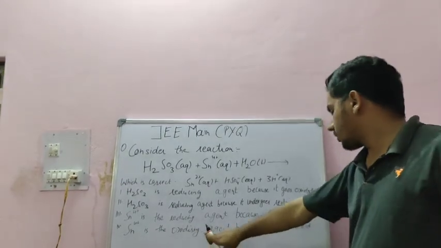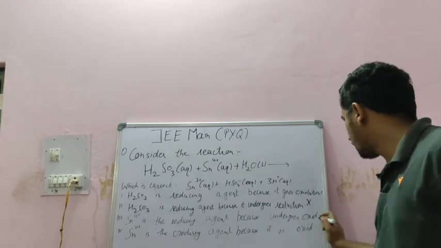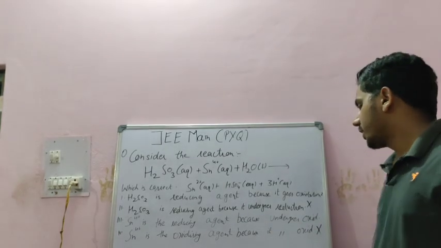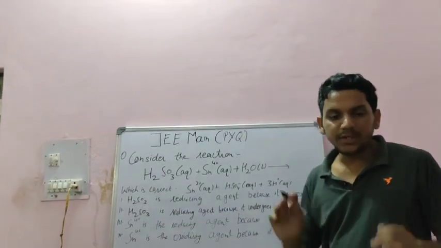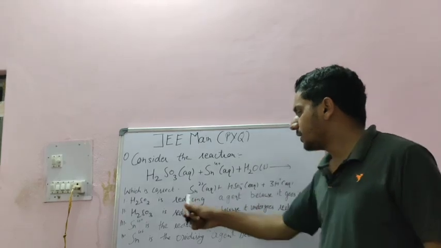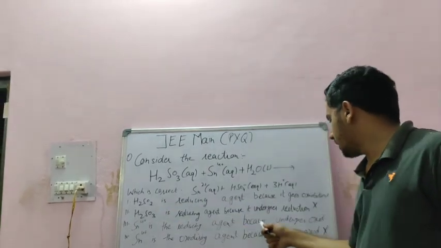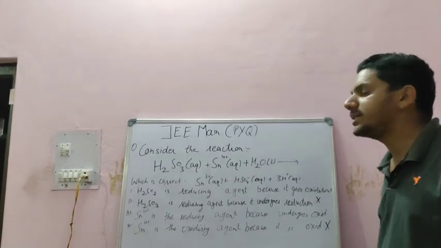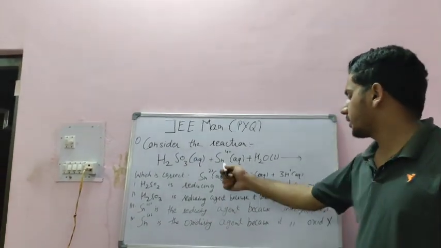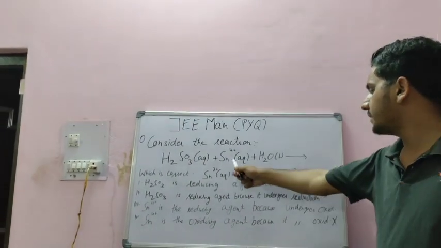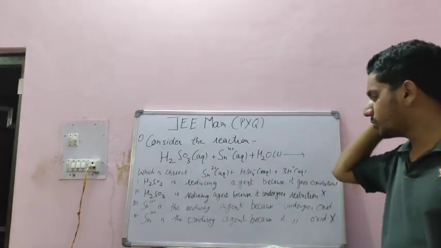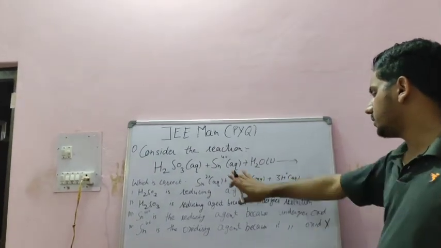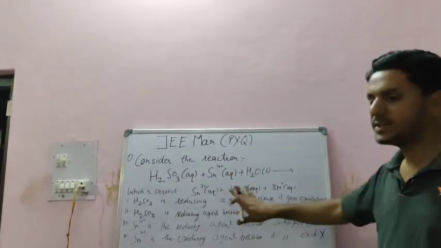This one, an oxidizing agent undergoing oxidation, is also false. So only two statements are left. Now let us come to the equation. Here Sn4 positive going to Sn2 positive is a reduction, but it is not the main point in this chemical equation.